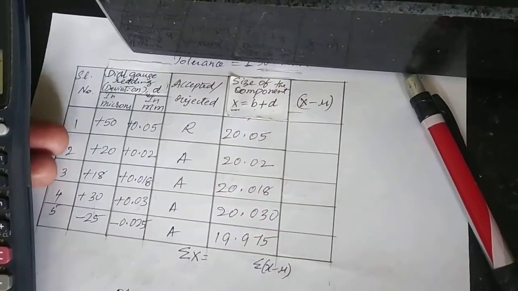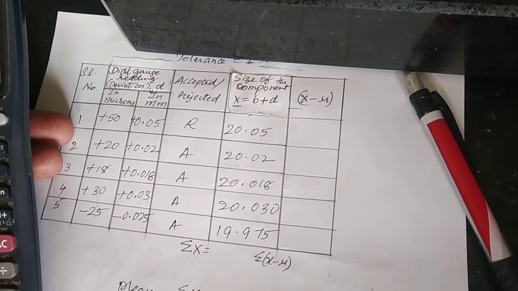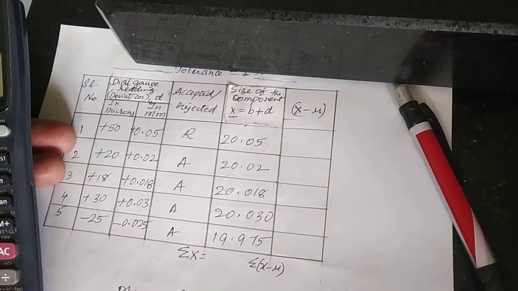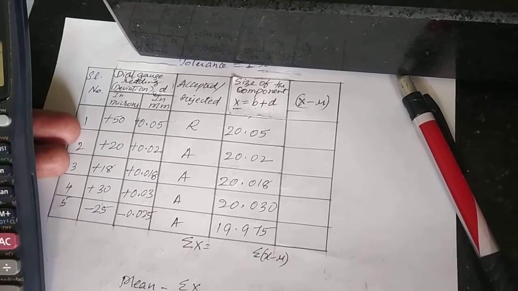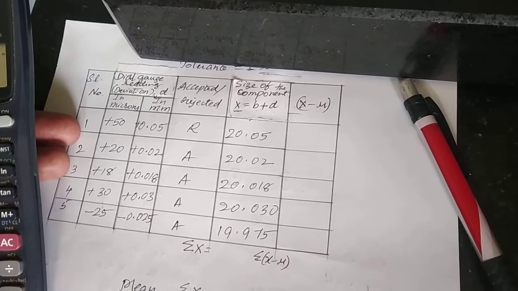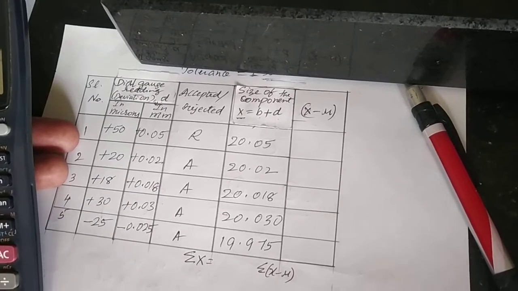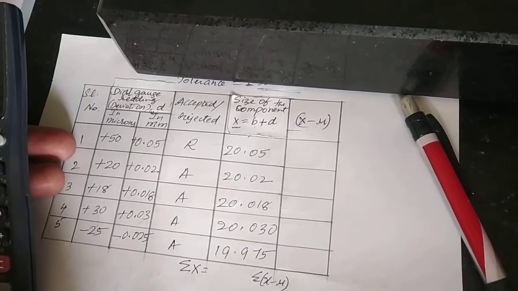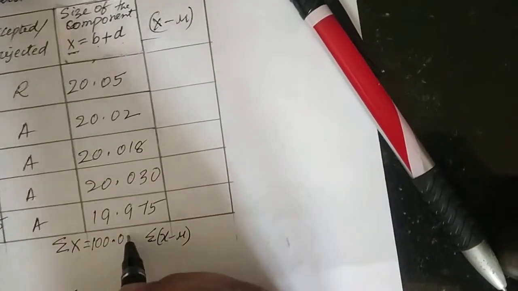Now I have to take the mean, the average of these. I have to take 20.030 plus 20.018 plus 20.02 plus 20.05, that is sigma x equal to 100.093.